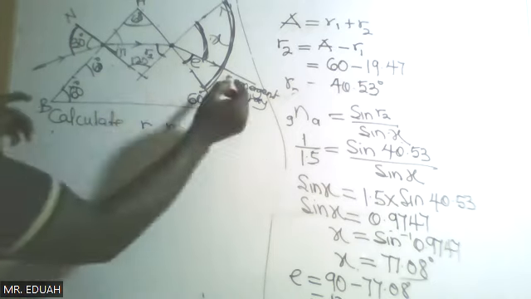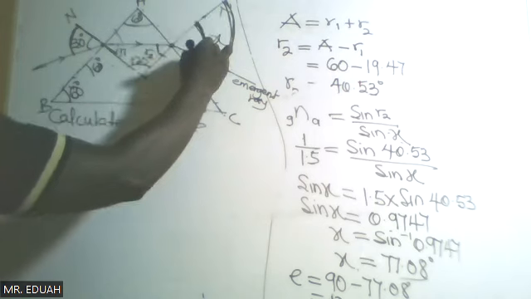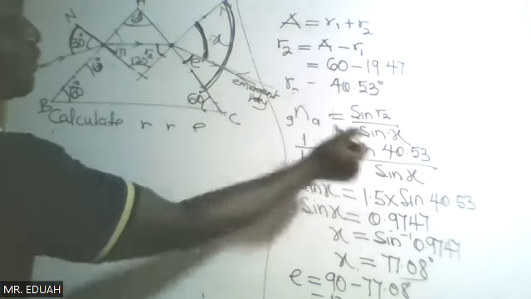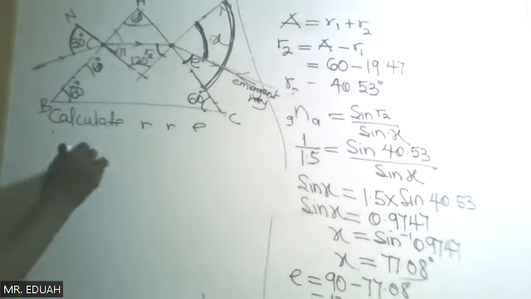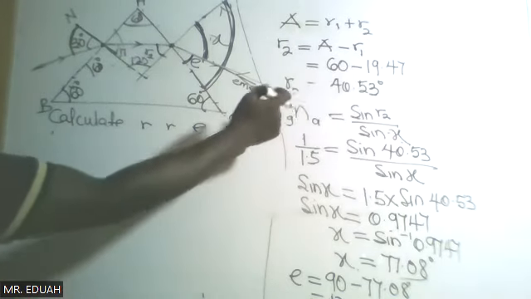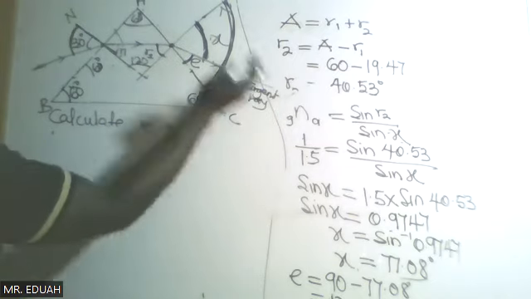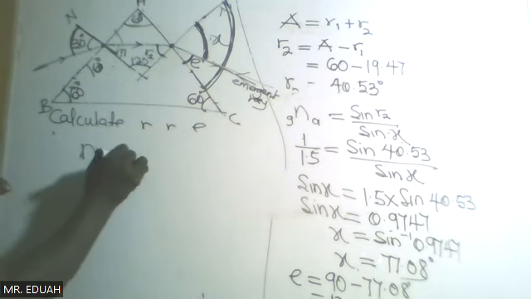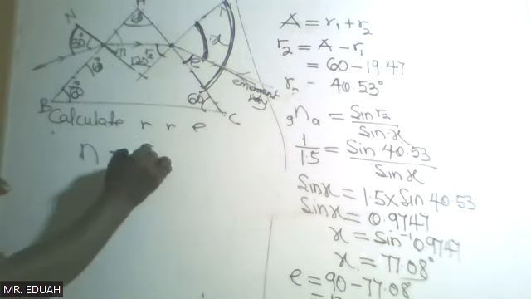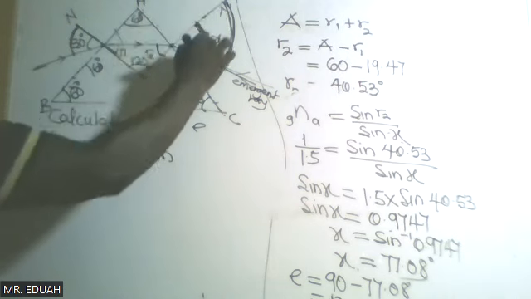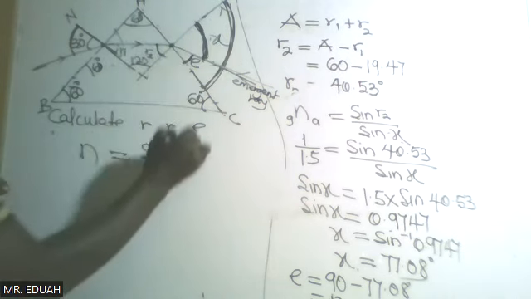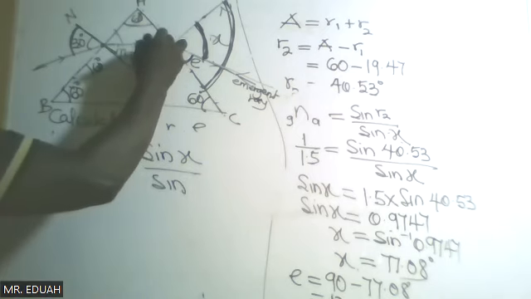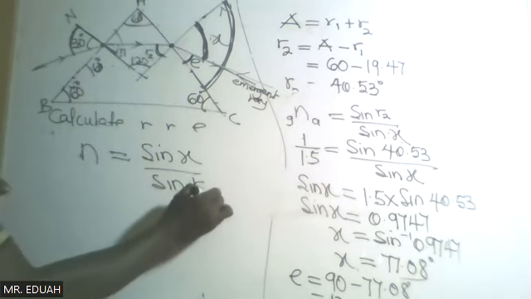We want to determine the angle of emergence when we assume the light to be entering from air to glass. So once the path of the light is from air to glass, we will still talk about the absolute refractive index of this glass, which will be sine of the angle of incidence, x, over sine of the angle of refraction, R2.